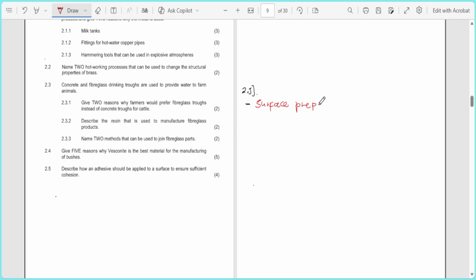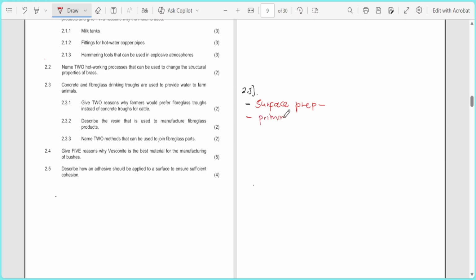The abrasion will increase the surface area for the mechanical bonding. So we start off by doing a surface preparation. Now, the next step would be priming the porous surfaces.